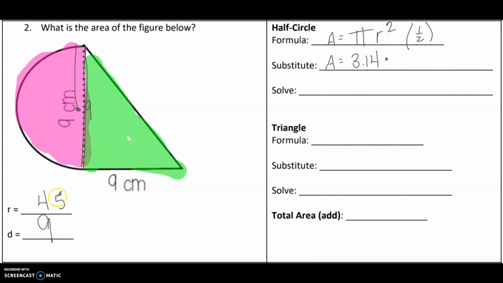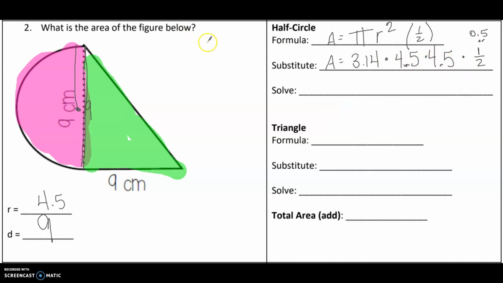Over here we identified radius as 4.5 times 4.5 and times 1/2, or you could use 0.5. I'll write that here, 0.5 or 1/2.